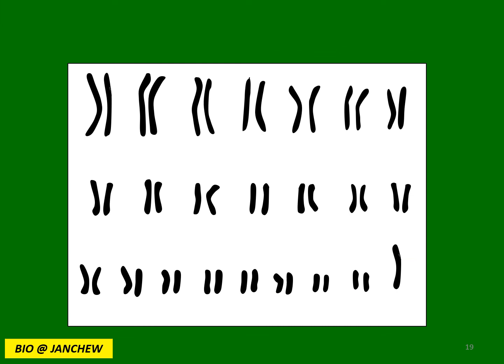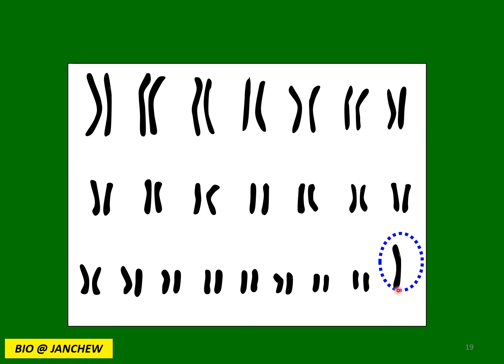Now let's look at this karyotype. What do you think about this karyotype? Is it a normal karyotype, or is it a karyotype that's abnormal? Now, if it's an abnormal karyotype, where is the abnormality and what is the condition called? Yes, so this karyotype is abnormal because there's only one sex chromosome, and this is the X chromosome.